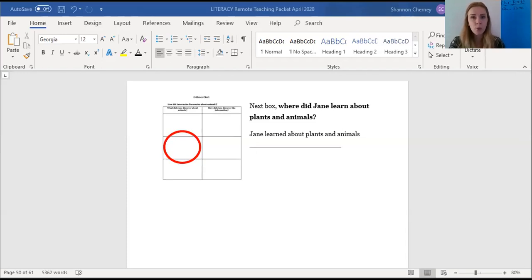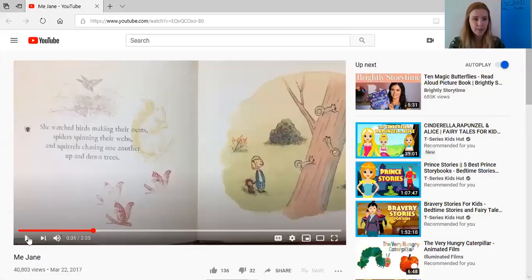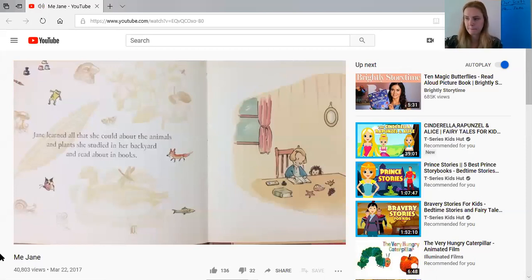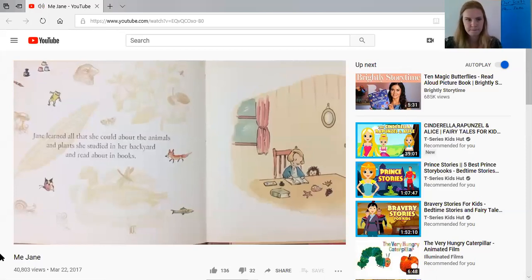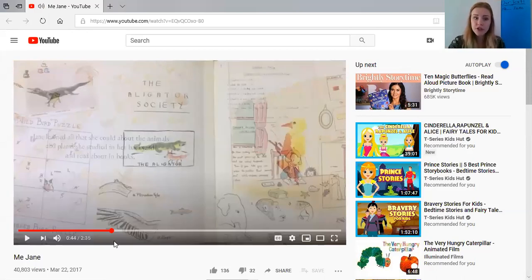So to figure out where she learned about plants and animals, we're going to go back to our text and read until we figure out where she learned about plants and animals. Stop. Friends, where did Jane learn about plants and animals?